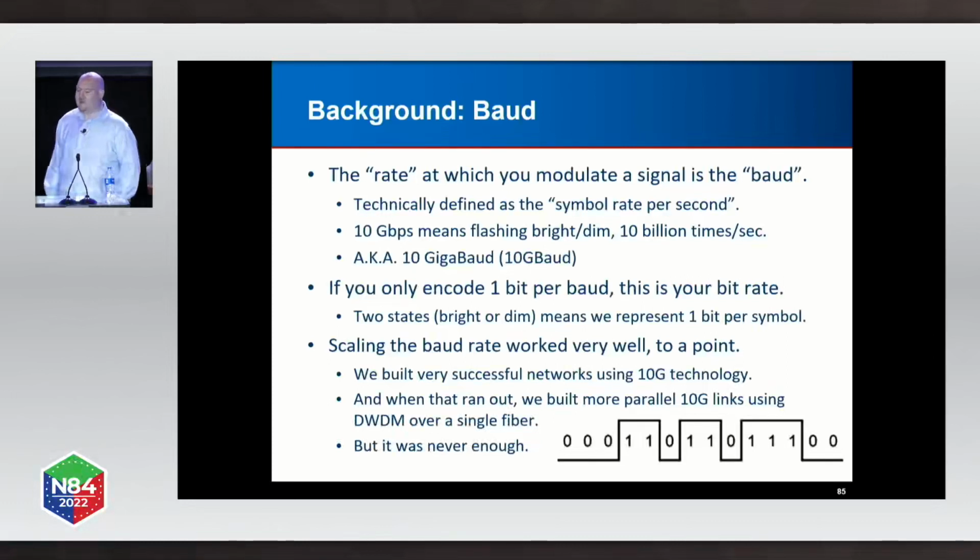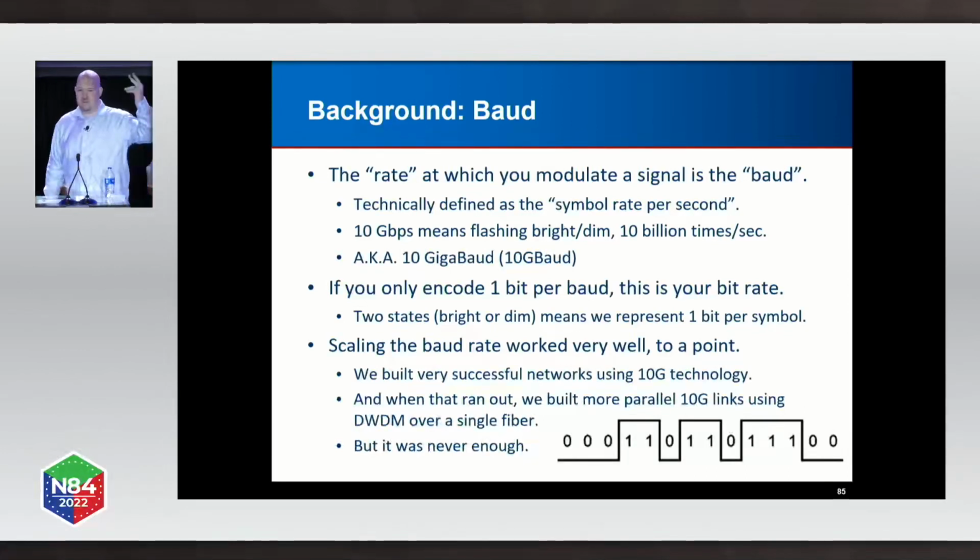So let's talk about a little bit of background. Baud is what happens when you modulate the signal. You go from a 1 to a 0, and in doing so, you go from a bright to a dim, and you get to say that was a 1 and that was a 0. And baud is the number of changes per second. So if I plug in a 10 gig LR, that thing is flashing bright and dim 10 billion times a second, and I'm decoding that on the other end, and you get 1 bit per baud.